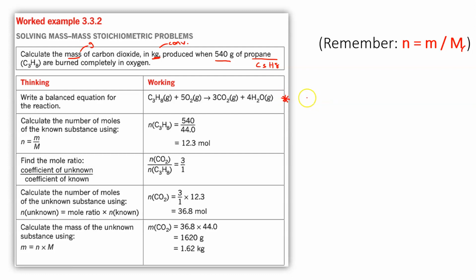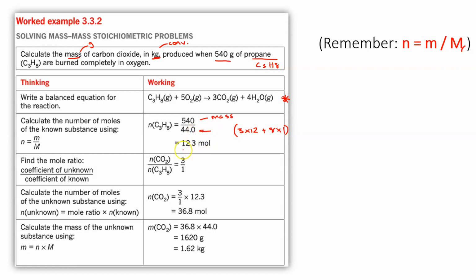Now we need to work out the number of mole of propane. So we're going to take the mass from the question, 540 grams of propane, divided by the molar mass of propane. This comes from 3 times 12 plus 8 times 1 for working out the molar mass, which is going to be 44 grams per mole.